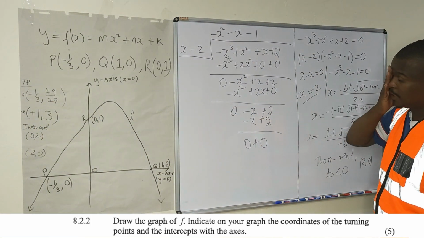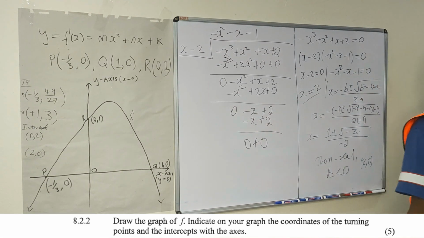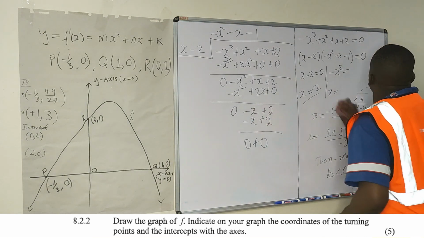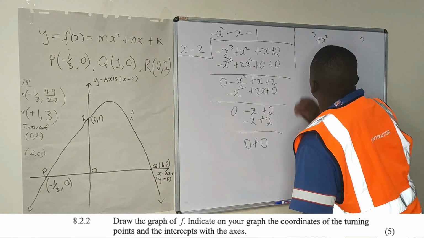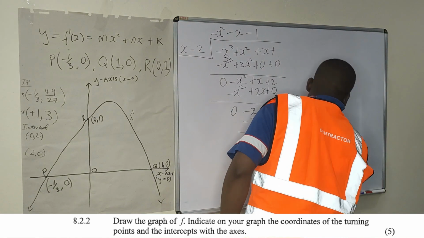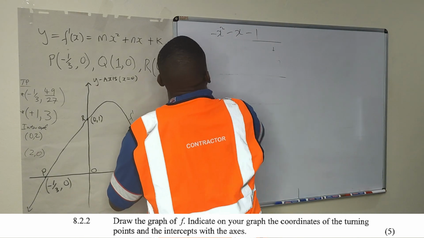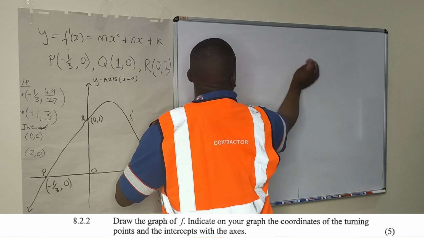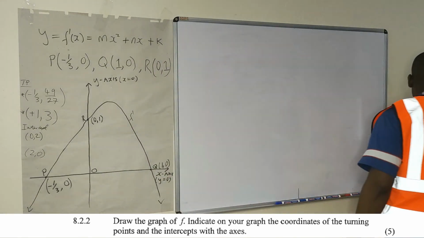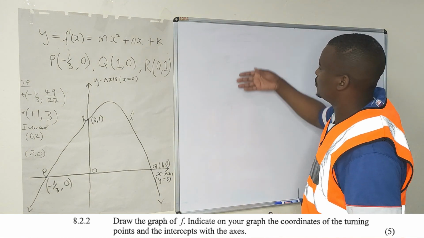I'm going to clean here so that I can have all the space I need. Of course, this won't be drawn to scale, but I'll try to show all the important points: the shape, the intercepts, and the turning points.